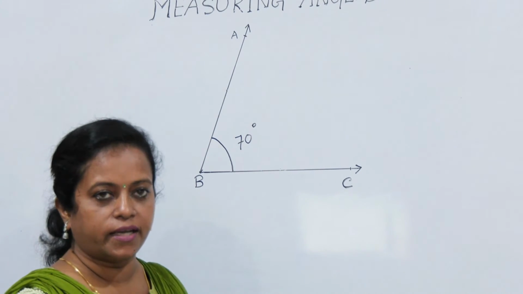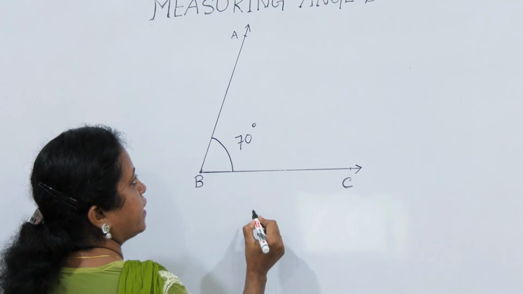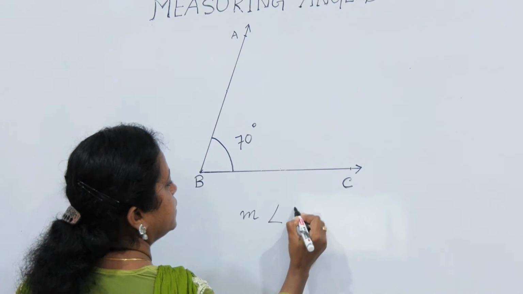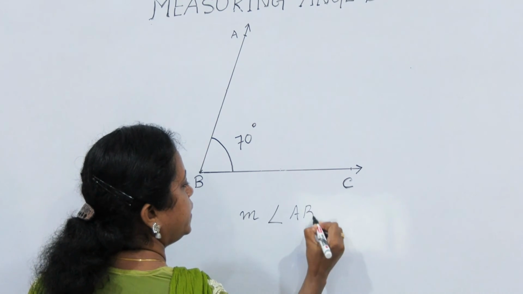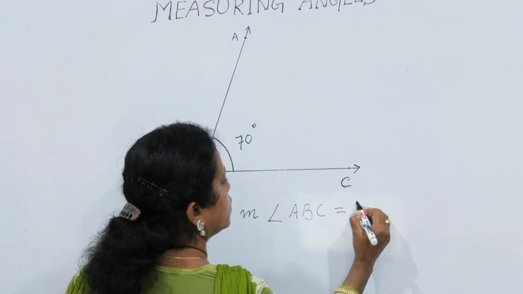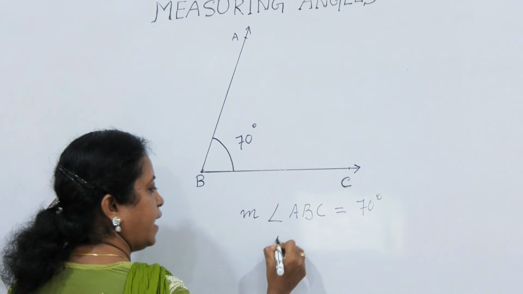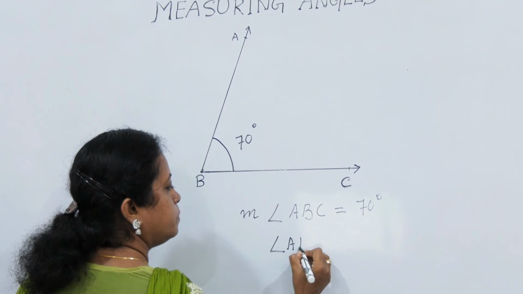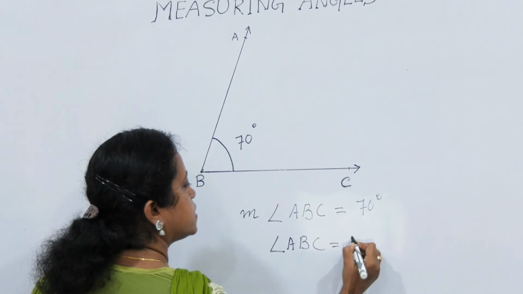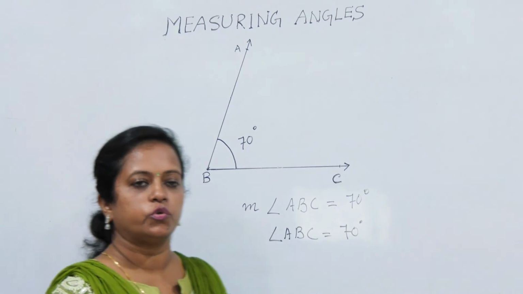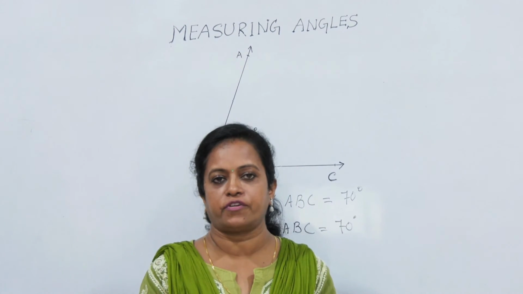We measure angle in degrees, and how do we write that? We write it as measure of angle ABC is equal to 70 degree, or you can just write angle ABC is equal to 70 degree. So this is how you use a protractor for measuring different angles.